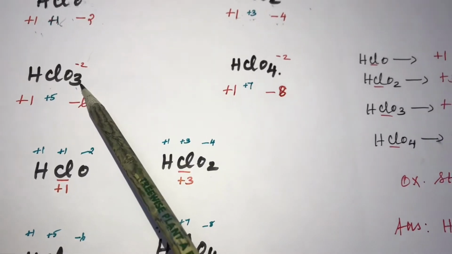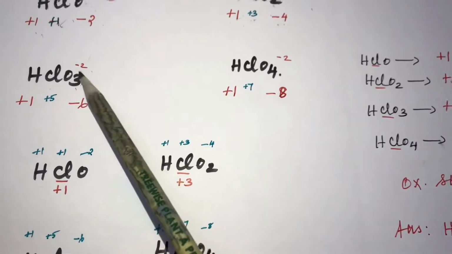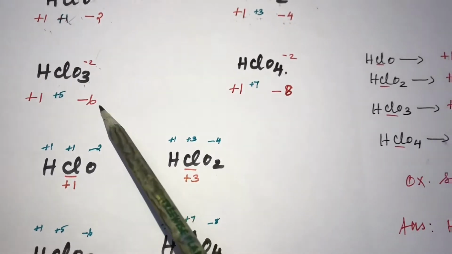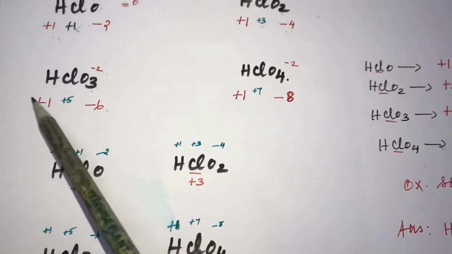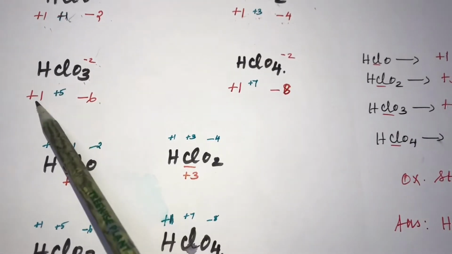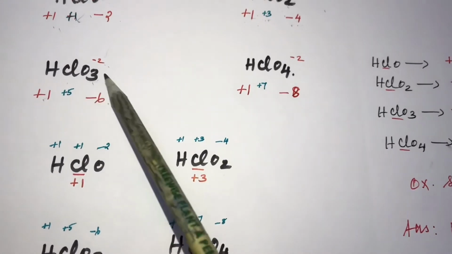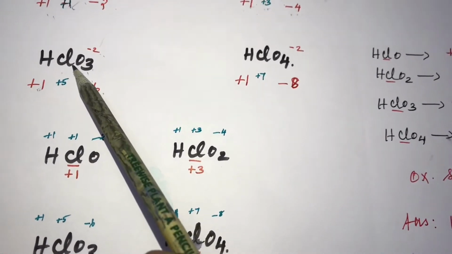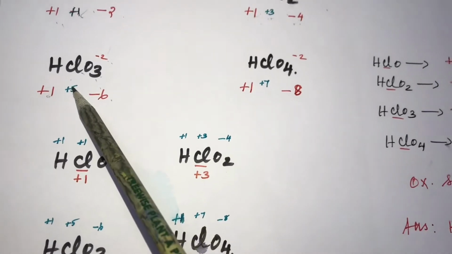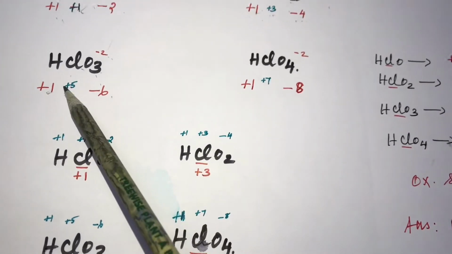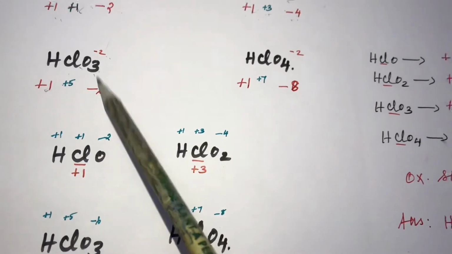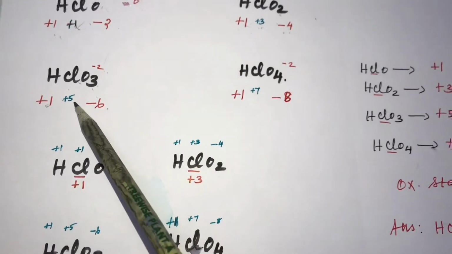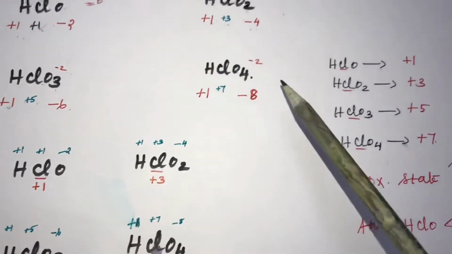HClO3: here the oxygen oxidation state is minus 2, 3 into minus 2 is minus 6. Hydrogen is plus 1, and with minus 6 and plus 1, the oxidation state of chlorine will be plus 5. Plus 5 plus 1 is plus 6, equal to minus 6. So the oxidation state of chlorine is plus 5.